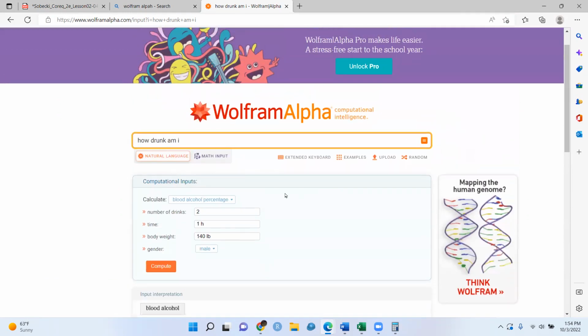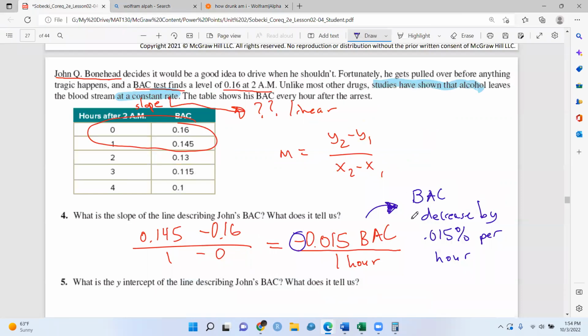Then the other thing you have to look at is the definition of a drink. I remember in one of my college health classes, a drink was one 8-ounce can of beer, and then a glass of wine, and a shot of some kind of hard liquor.